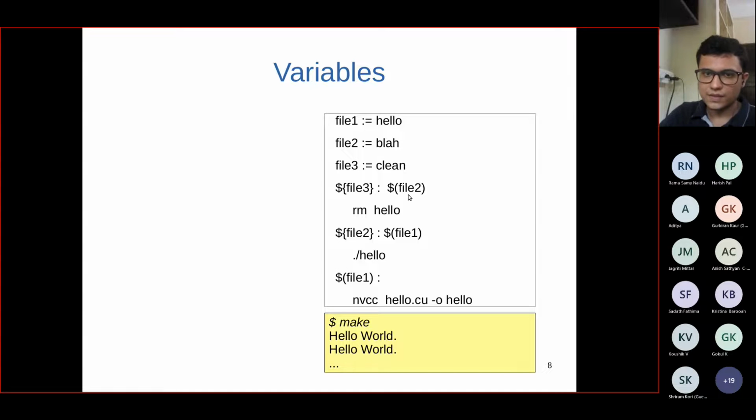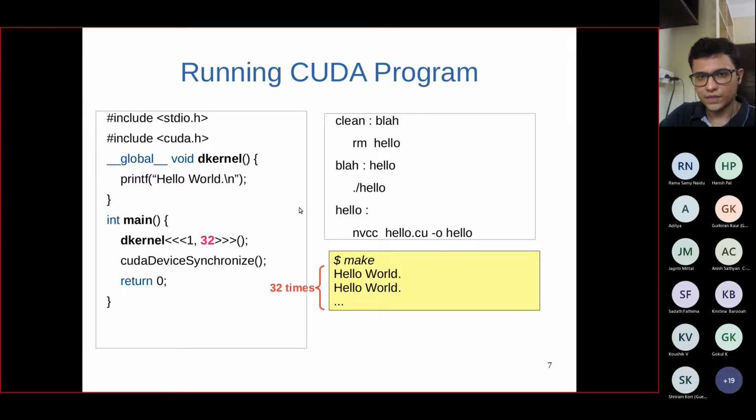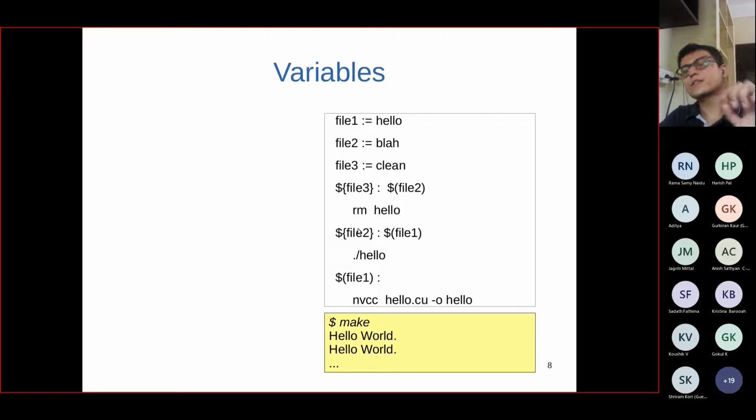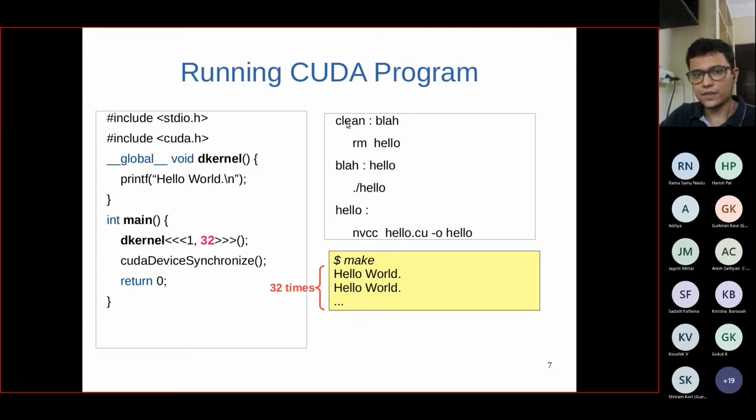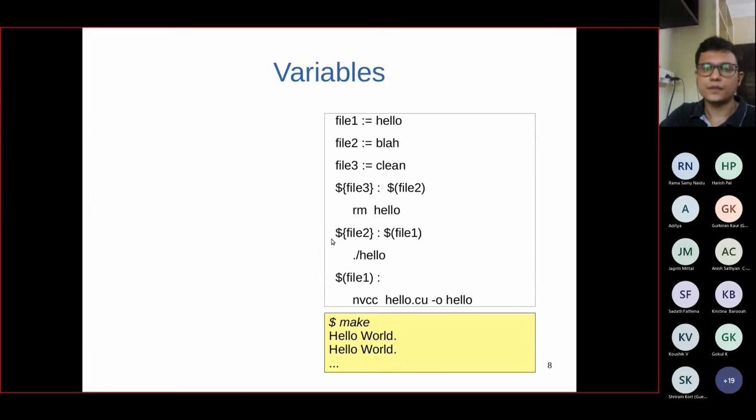And if you see, this program is exactly similar to what we did here, but the small change is that we are using variables instead of hard-coded names, which are clean, blah, and hello. And how do we reference these variables inside the makefile? We need to use a dollar and then curly braces, or a dollar and the normal parentheses, to reference these variables.